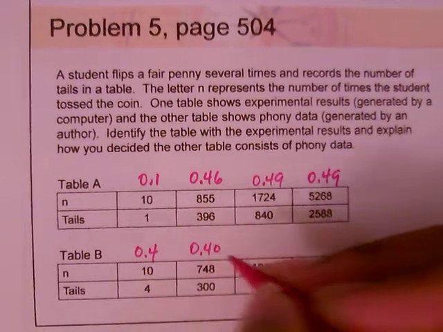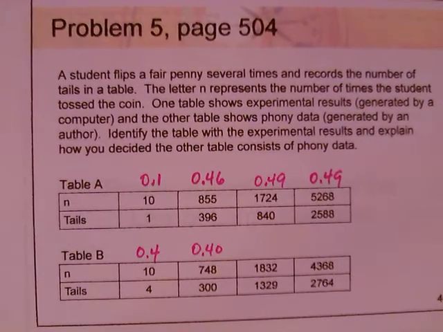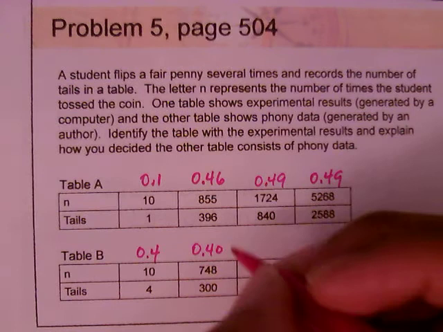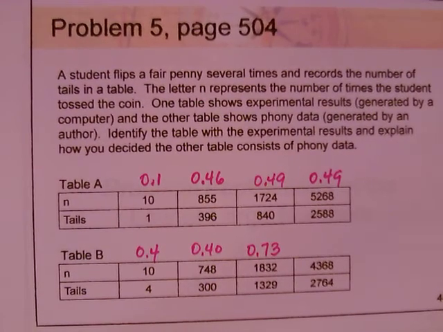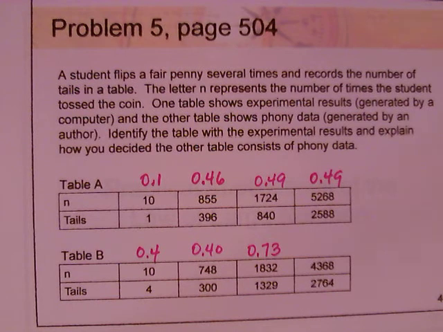And 1329 divided by 1832, that's going to be approximately 0.73, rounding them off to 2 decimal places. And then the last one, 2764 divided by 4368 is approximately 0.63.